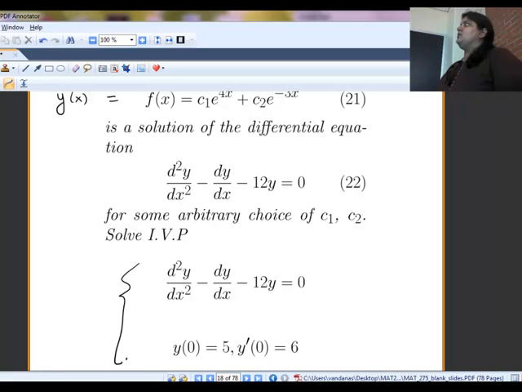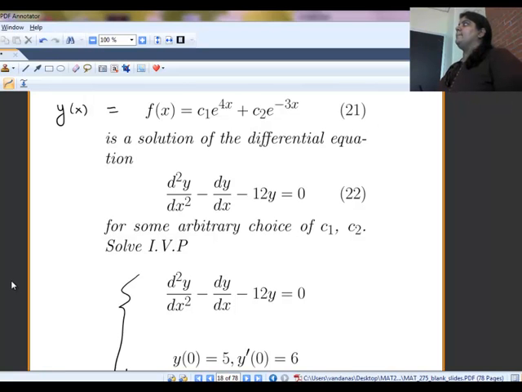So if you plug in x equals 0 here, what will you get? You will get C1 plus C2 equals 5.